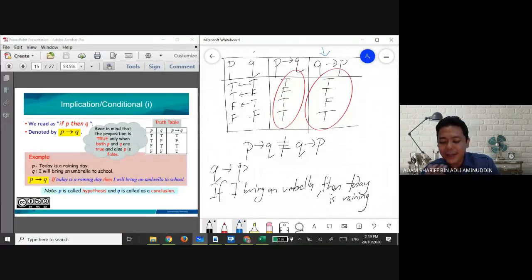Okay, try to read these statements, both of them, for a while, and you will sense that these two really do not represent the same meaning. The first one, P implies Q: if today is raining, then I bring umbrella. The second one: if I bring umbrella, then today is raining. These two compound propositions actually hold different logic. Okay.